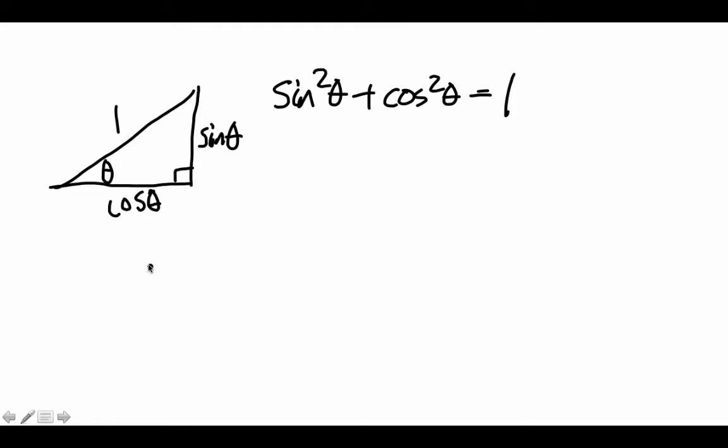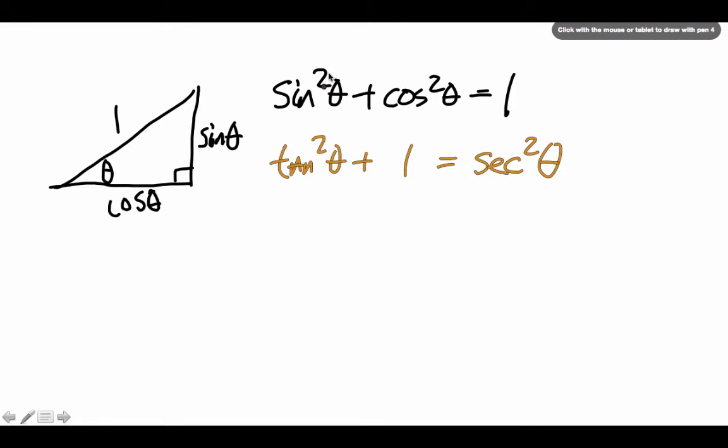Good? If we divide this by cosine squared, divide this by cosine squared, divide this by cosine squared, we get the one we talked about the other day. Tangent squared theta plus 1 equals secant squared theta. I like this one because the tangent is undefined and the secant is undefined in the same place.